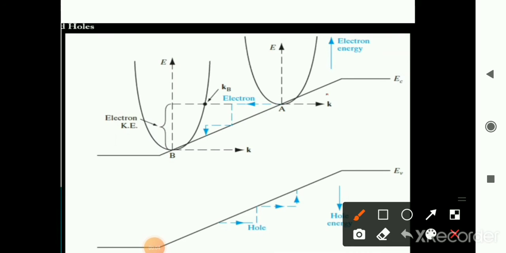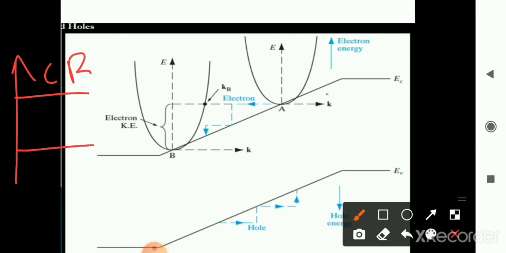So now, before we study this graph, we know this is our conduction band and this is our valence band, which we represent normally like this before applying the electric field. Once we apply the electric force to the conduction band as well as the valence band, these lines will tilt like this.